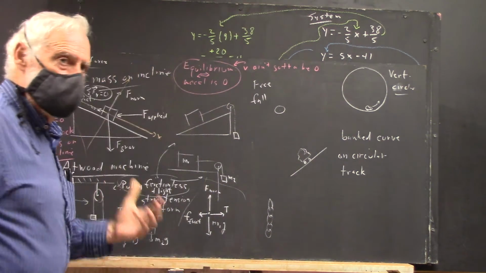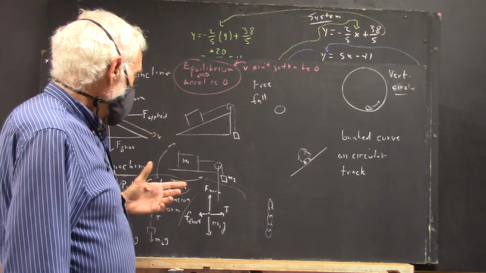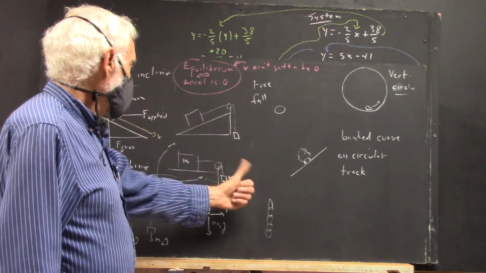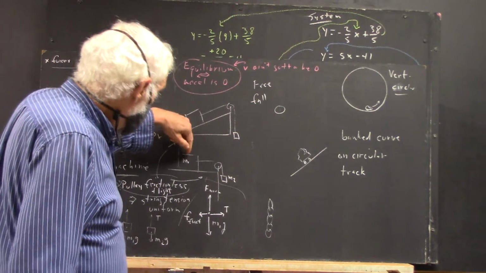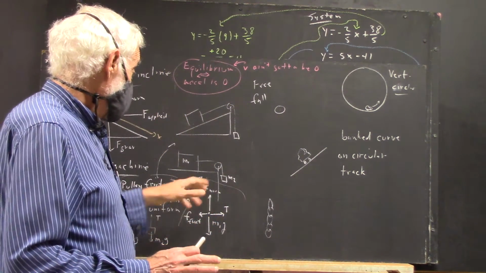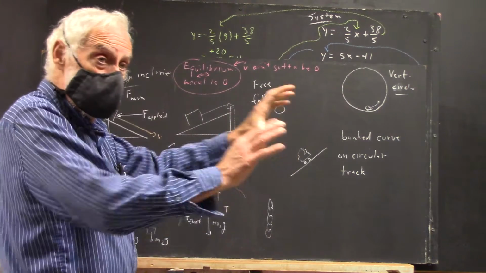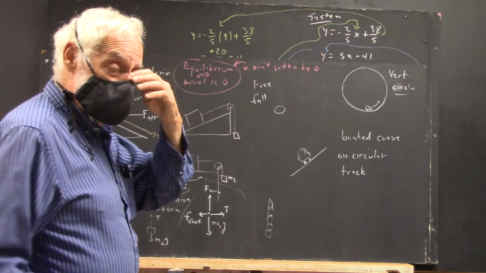Now, this assumes that the mass M1 is not moving in this direction. It's possible for M1 to be moving in this direction, like I give M1 a shove. So that's going to make M1 go this way and M2 pull up, right?